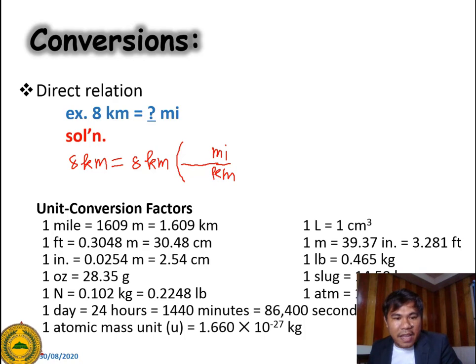So I have in mind that 1 mile is equal to 1.609 kilometers. In this equation, I am just trying to rewrite 8 kilometers, so I have the left hand side equals the right hand side. Does that really make sense? Is the right hand side really equal to the left hand side? Notice that if you focus on this conversion factor, this length on the numerator is exactly the same as the denominator.